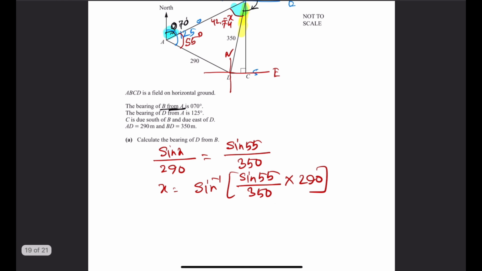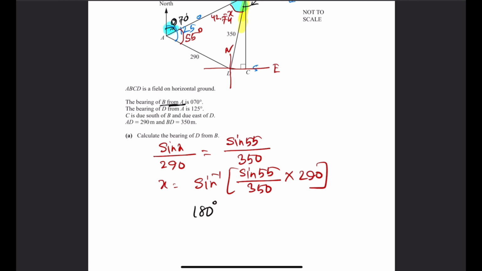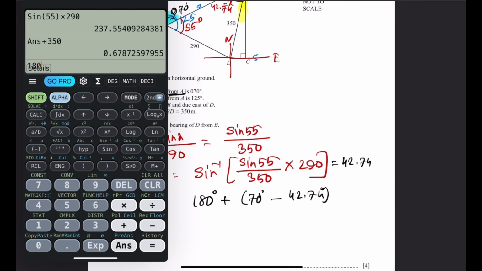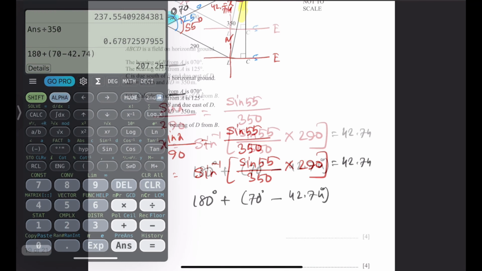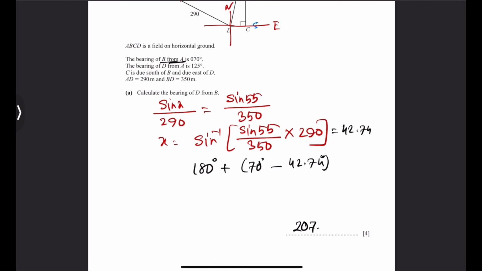This angle is 180 degree plus 70 degree minus 42.74 degree, plus 70 minus 42.74, close the bracket. It became 107.3 degrees, marks as 4.